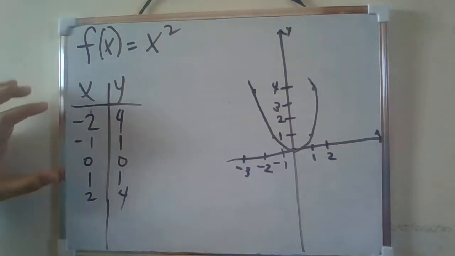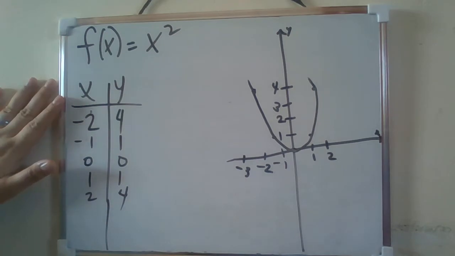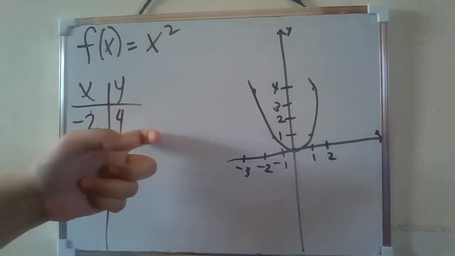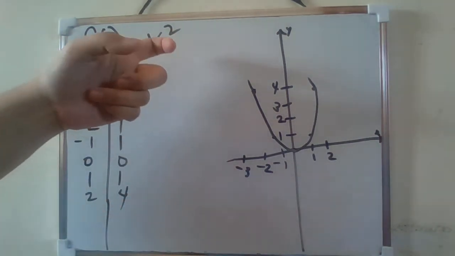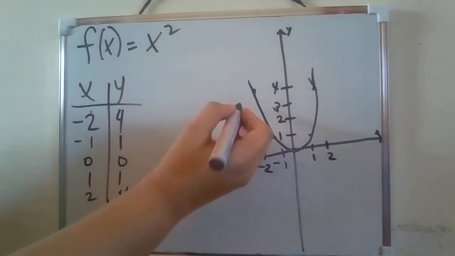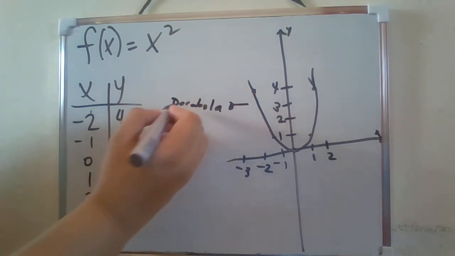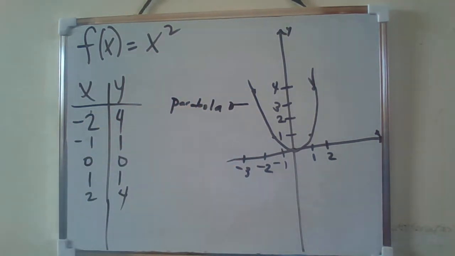Kahit na negative ang input mo na ilagay pa dyan, kahit negative 10 pa yan, ang lalabas dyan ay positive. Kasi nga, again, because of your equation. And that is what you call parabola. So, that's another form.